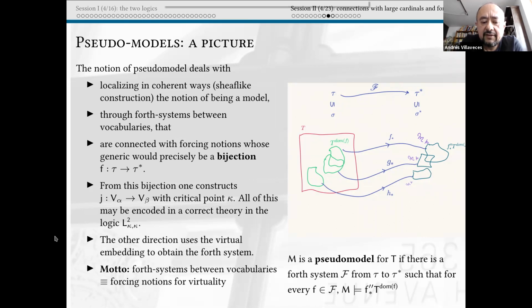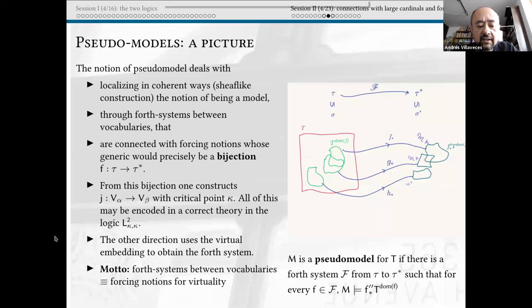But I like this idea, and I think it is powerful to think of fourth systems in two ways: as forcing notions for virtuality on the one hand, and on the other, if you're interested in elementary embeddings, for instance if you're looking at abstract elementary classes where elementary embeddings are the meat and potatoes, so to speak, at least in part of them, even before having a theory, fourth systems are good ways of dealing with approximations of those embeddings.